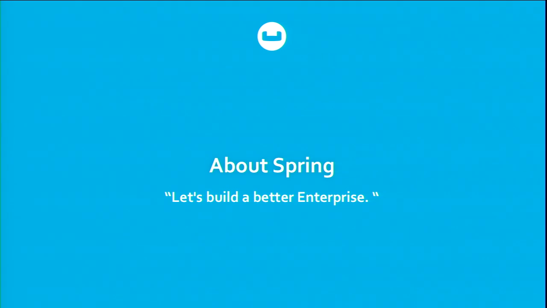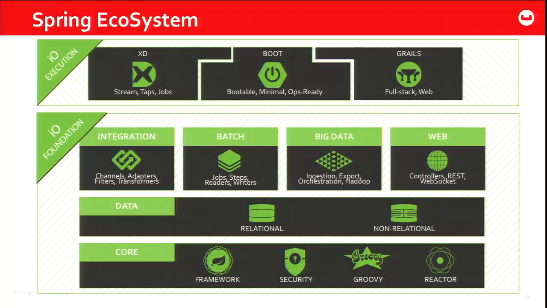The Spring ecosystem is split into different layers. On the bottom, you have Spring core, the runtime stuff, with security and all these things. And there's the data layer, which is what we are going to focus on today. It's the Spring Data project, with the relational projects as well as the non-relational NoSQL projects.